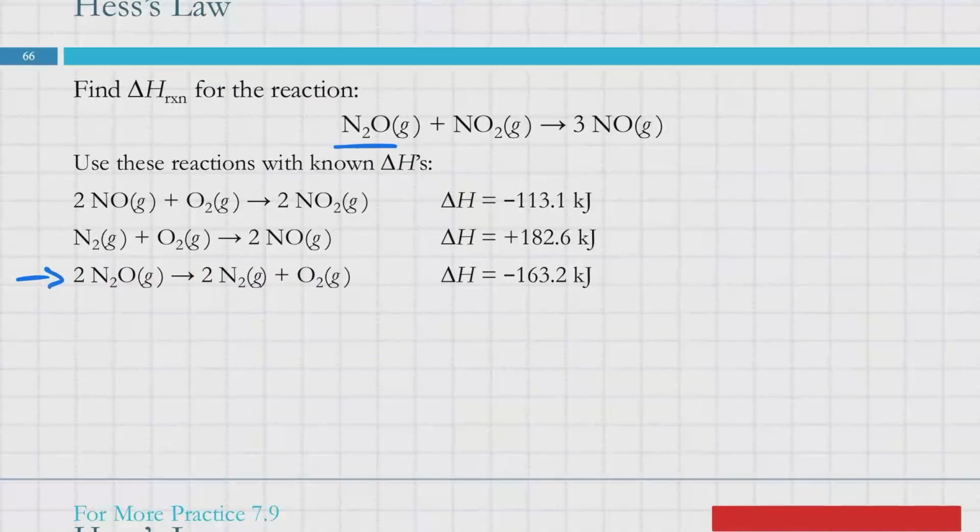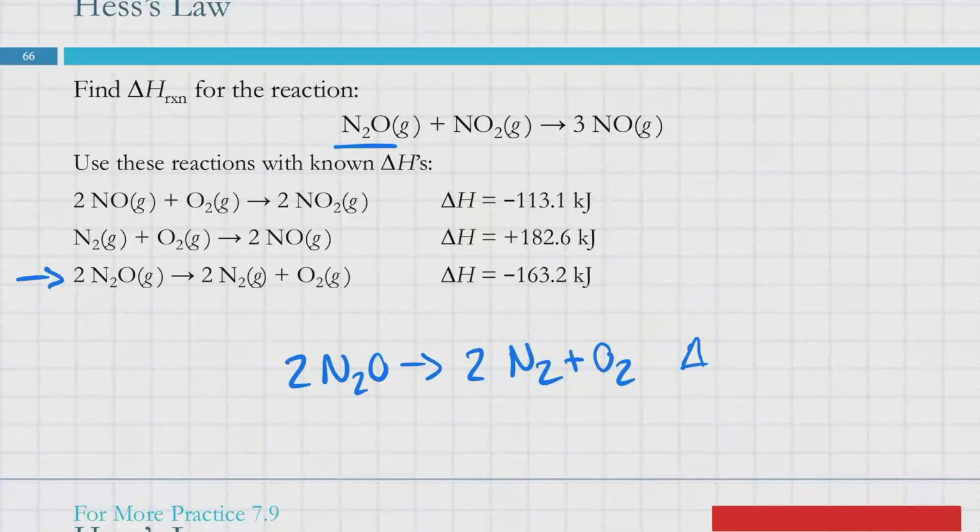Let's go ahead and pull that out so that we can start using it. And our delta H, negative 163.2 kilojoules.